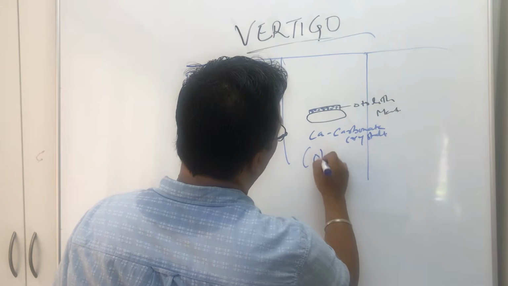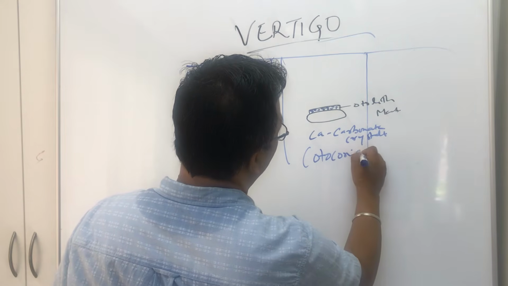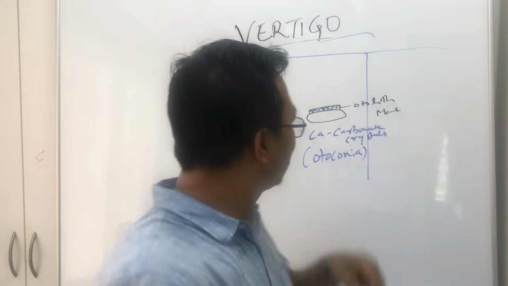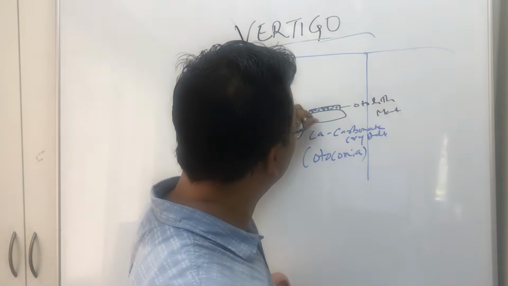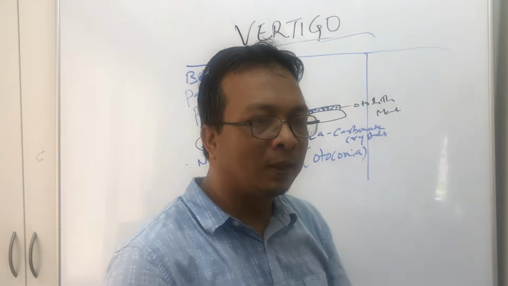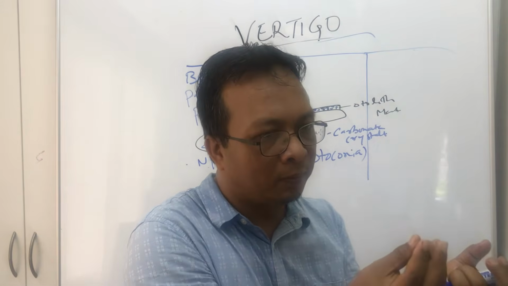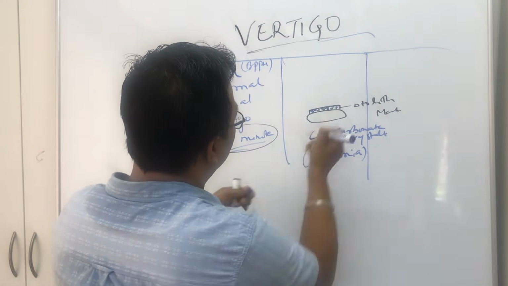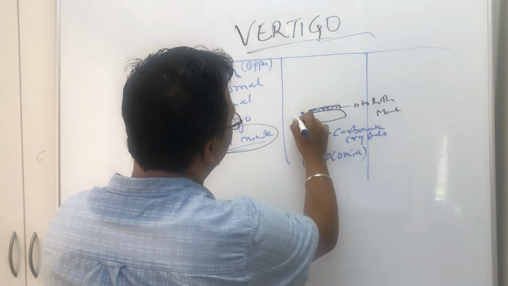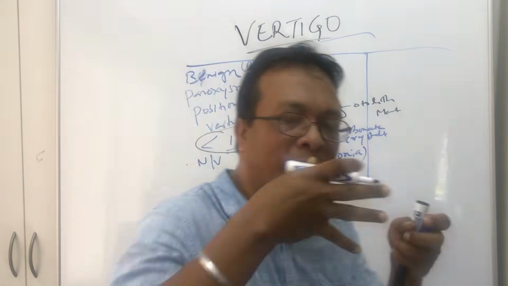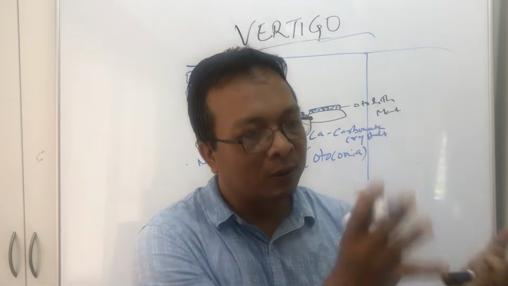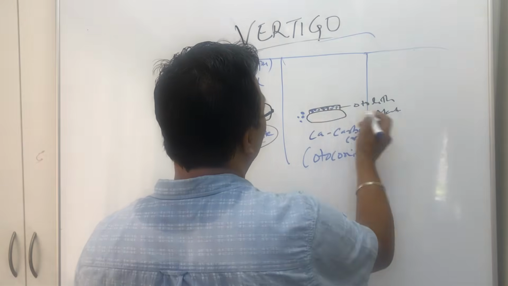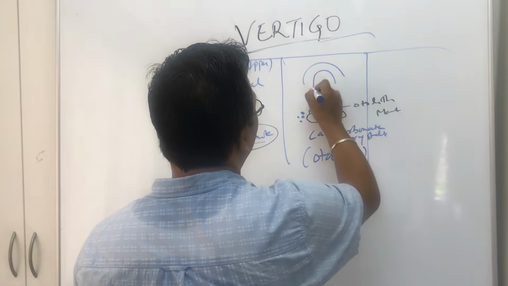These are also called otoconia. So what happens in some unfortunate patients? These crystals, which are made of calcium carbonate, break off from here, enter the semicircular canals, and float inside them.